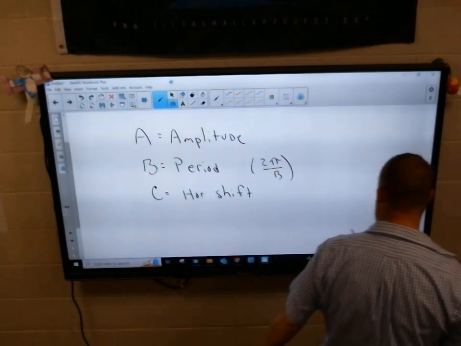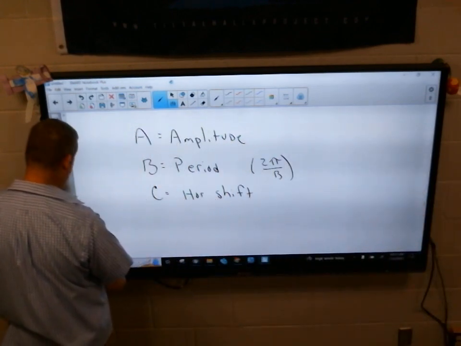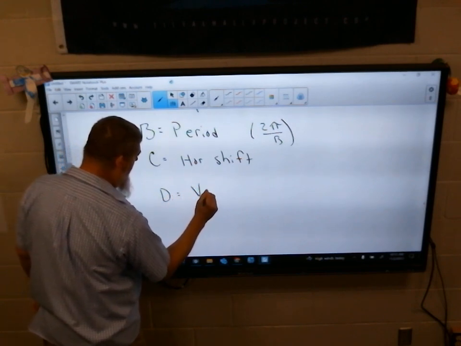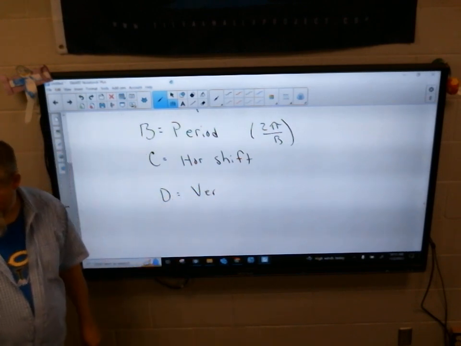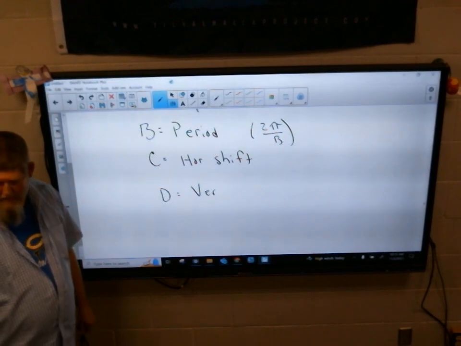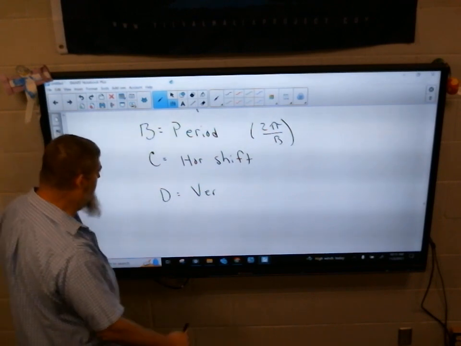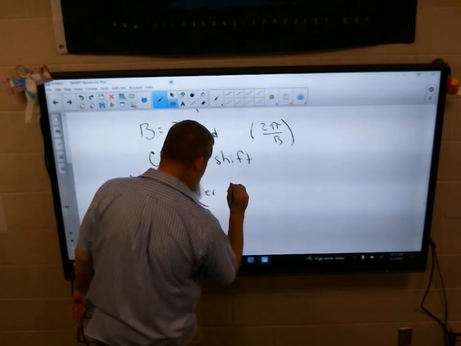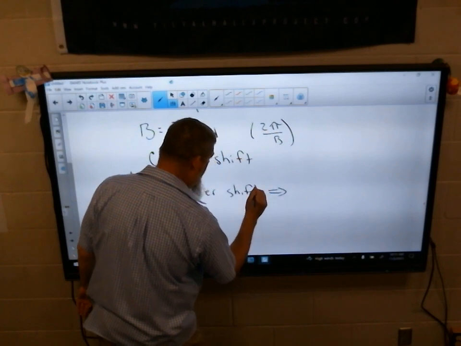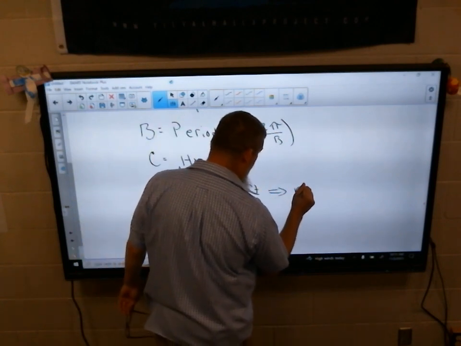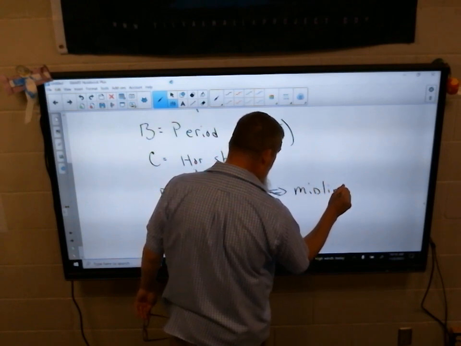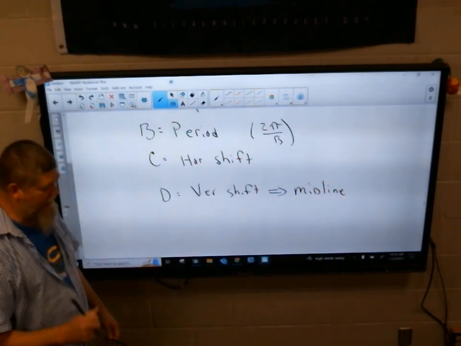And then D, I'm going to introduce a new vocab word for you. Amplitude was new. You haven't heard amplitude before? Okay. So D is the vertical shift, and what we're moving is the midline. I think I said that a little bit earlier.